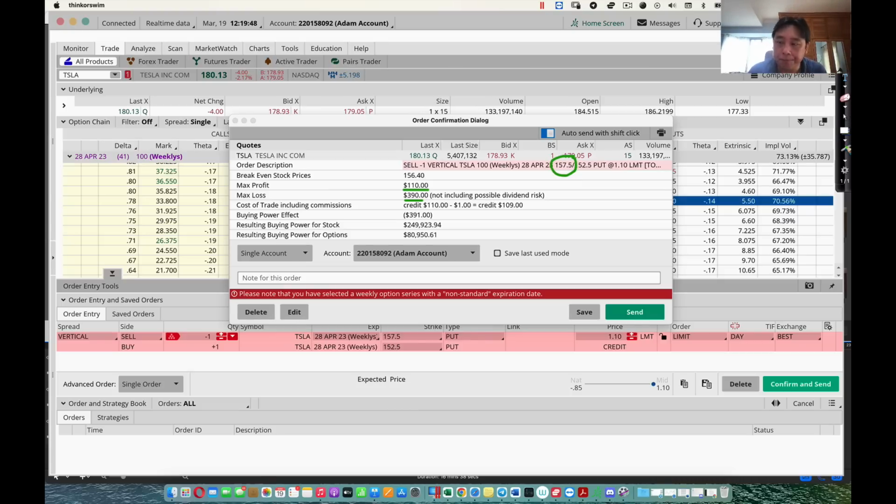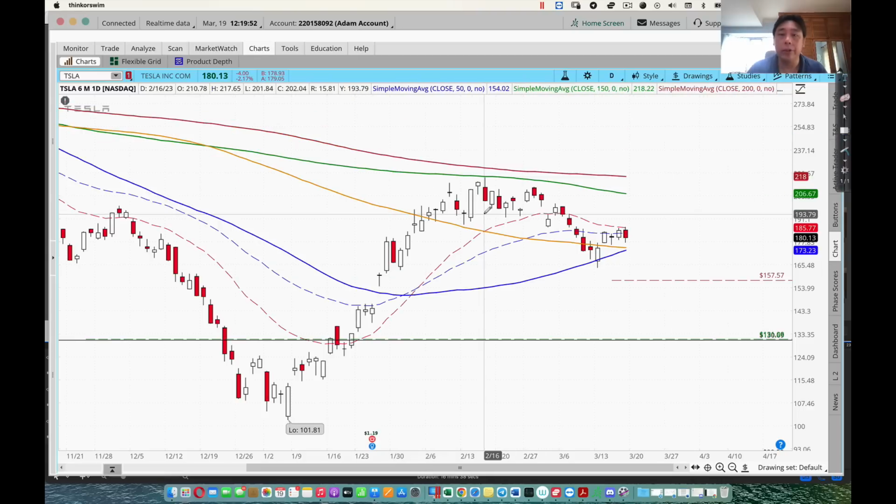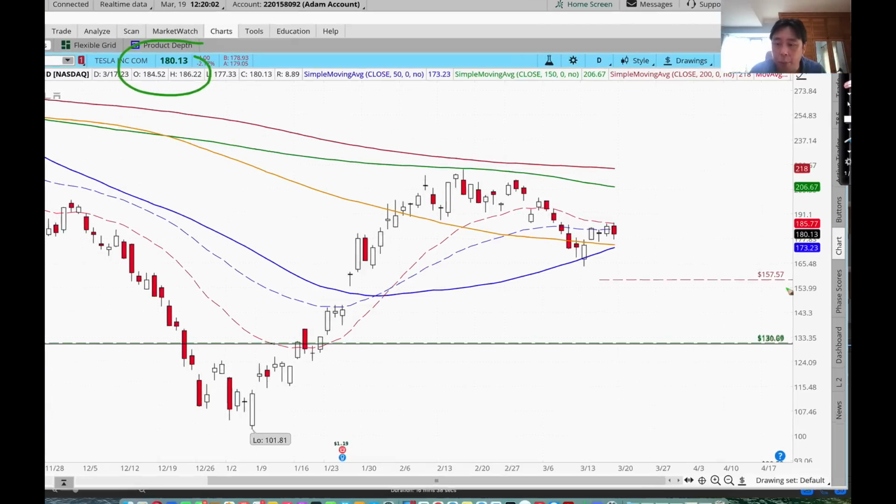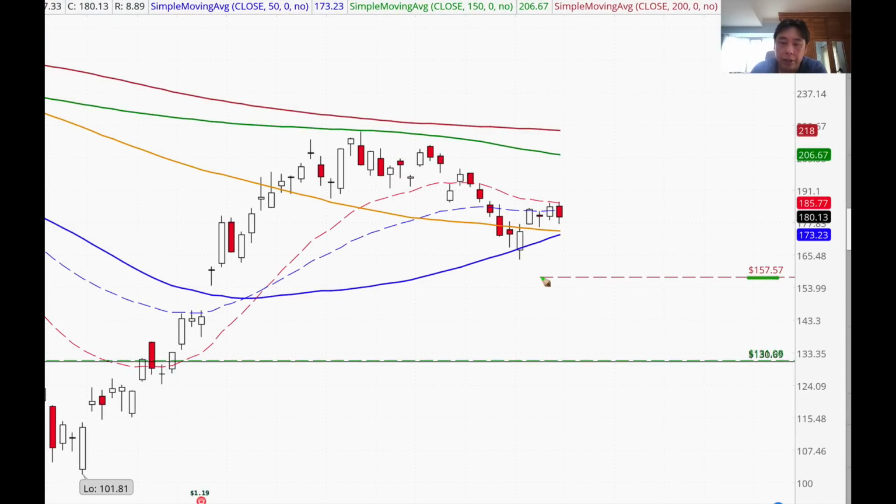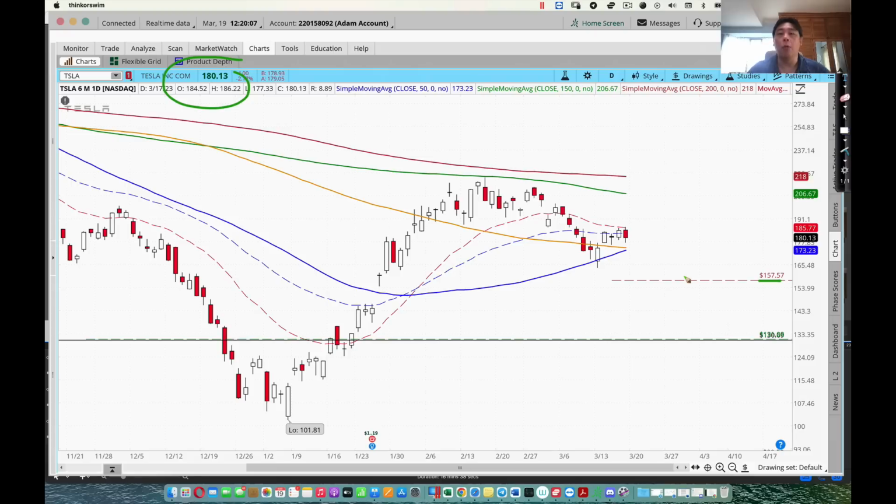Now, before that, let's go back to the charts and let's see how this trade actually looks on the chart. So again, recall that right now Tesla's at 180 and we sold a put option at the 157.5 strike price. So this red line is kind of like our point of no return. That's our line in the sand, right?